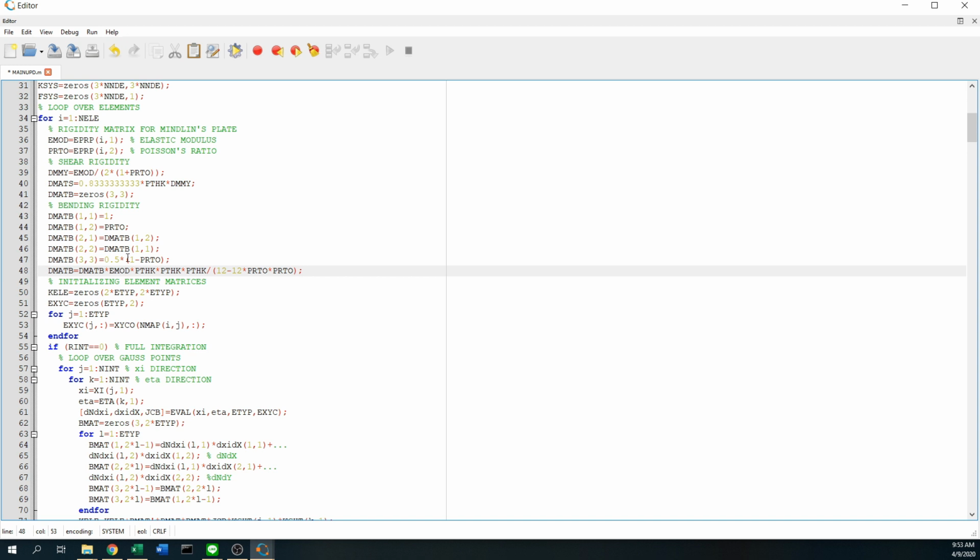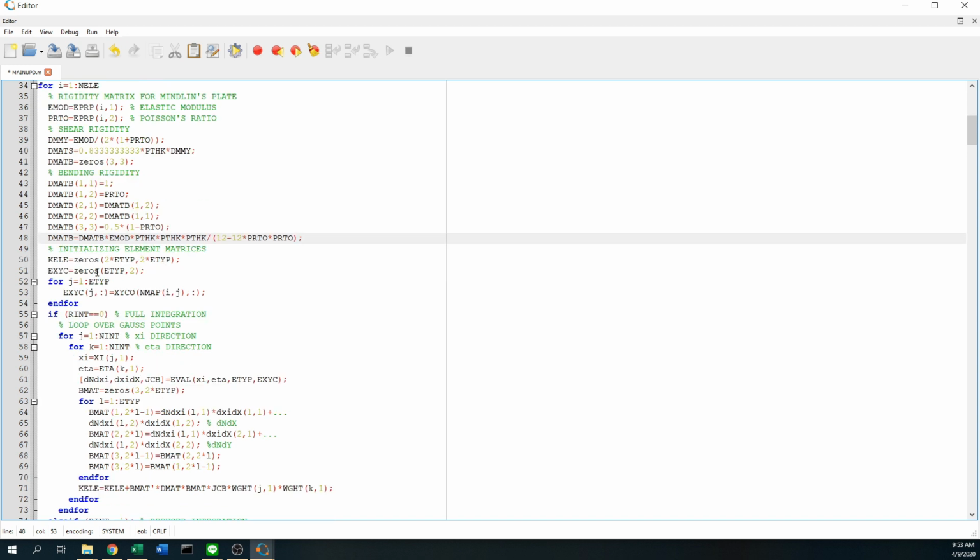Now we talk about the KELE, which is supposed to be adjusted to be accommodating 3 degrees of freedom, and EXYZ element XY coordinate doesn't change because XY coordinate is still XY.